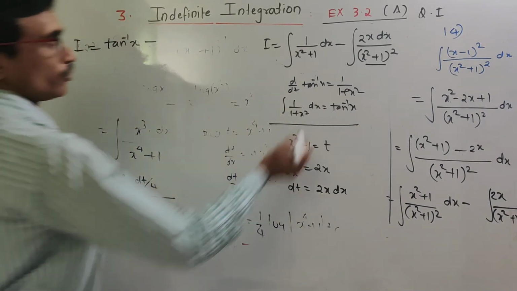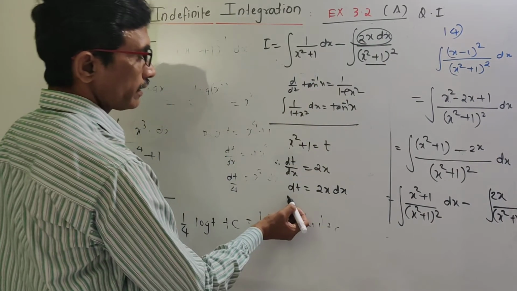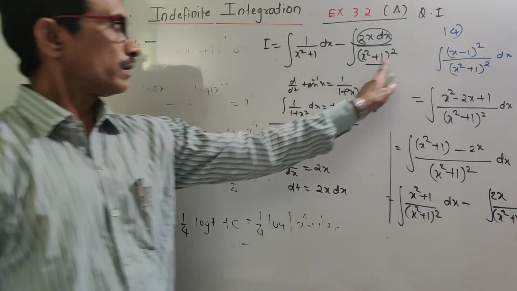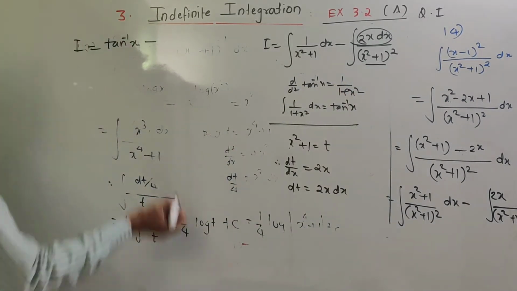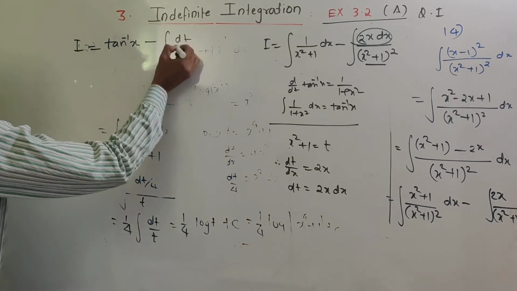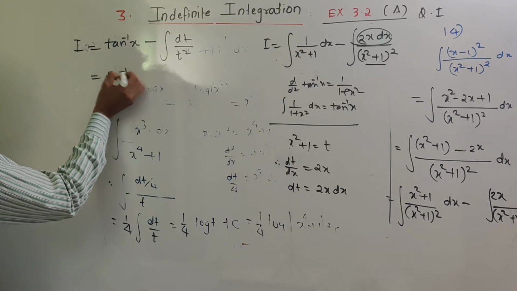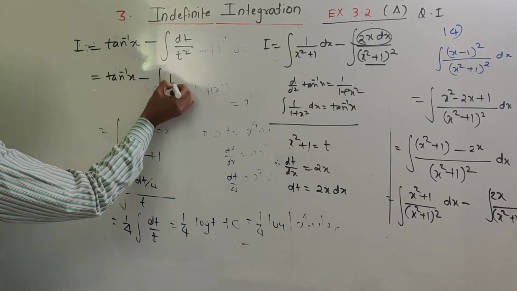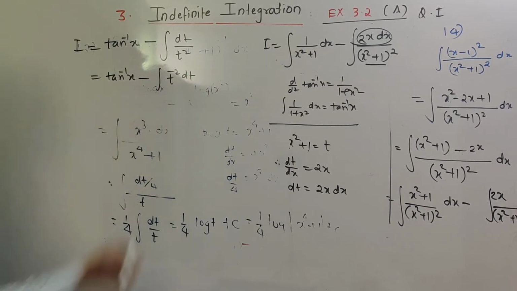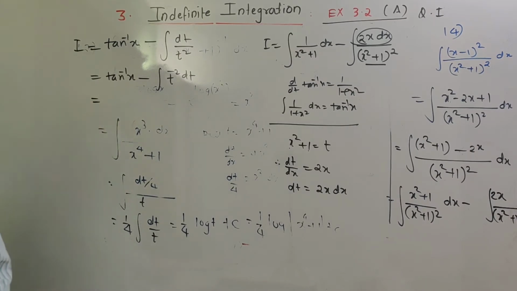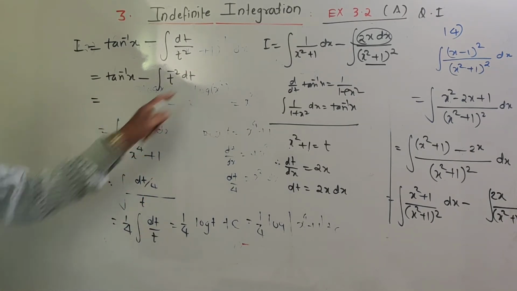In the numerator you will write dt and in the denominator t square, minus integral dt upon t square, which will be tan inverse of x minus integral t raised to power minus 2 dt, which is integral of tan inverse t raised to power n.